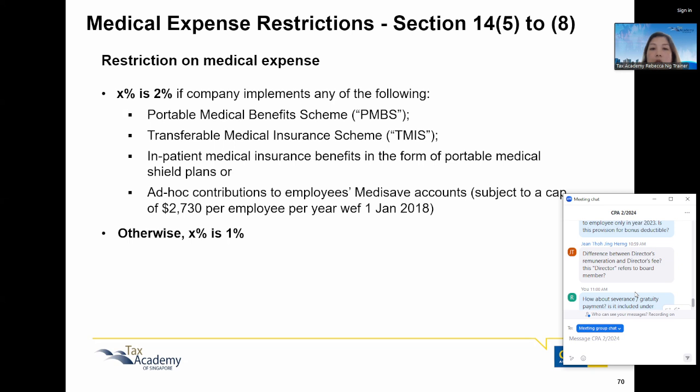If it is not part of the employee remuneration, then it is not included for computing medical expenses.